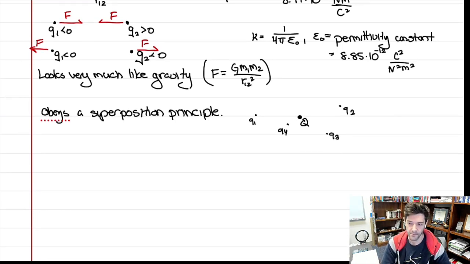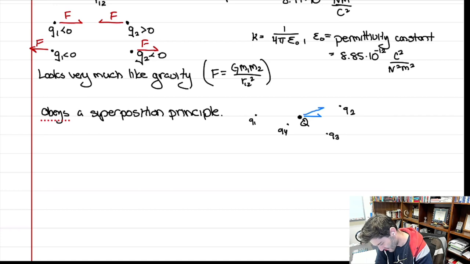Each of those exerts a Coulomb force on capital Q. And maybe Q1 goes in this direction, maybe Q2 goes in this direction, Q4 also in that direction, maybe Q3 goes in that direction.